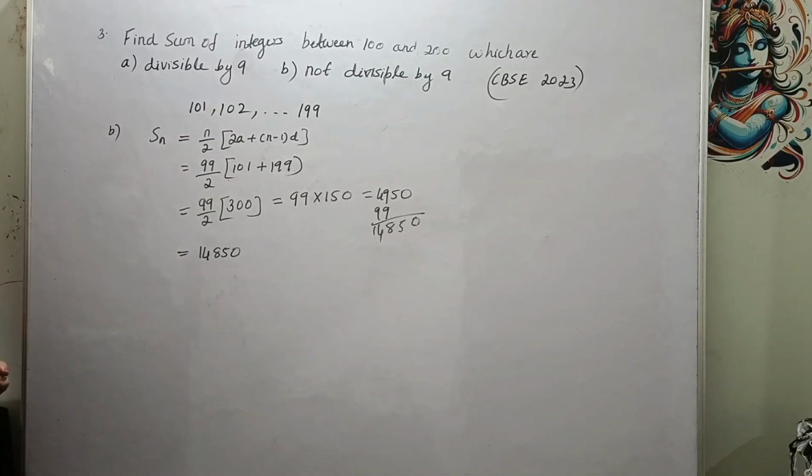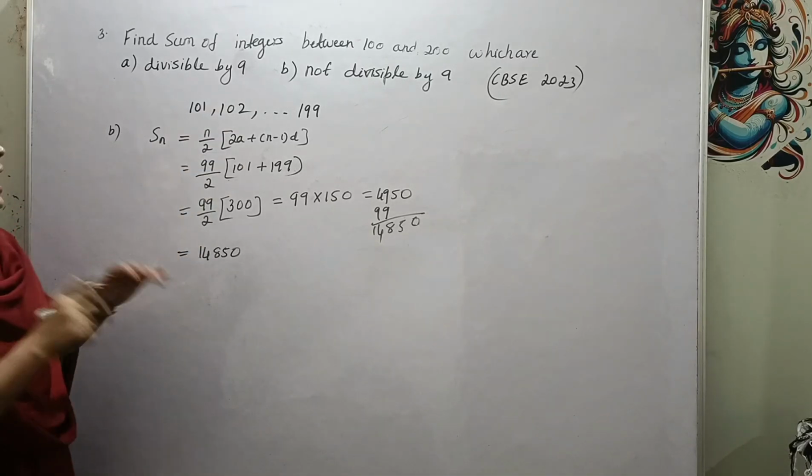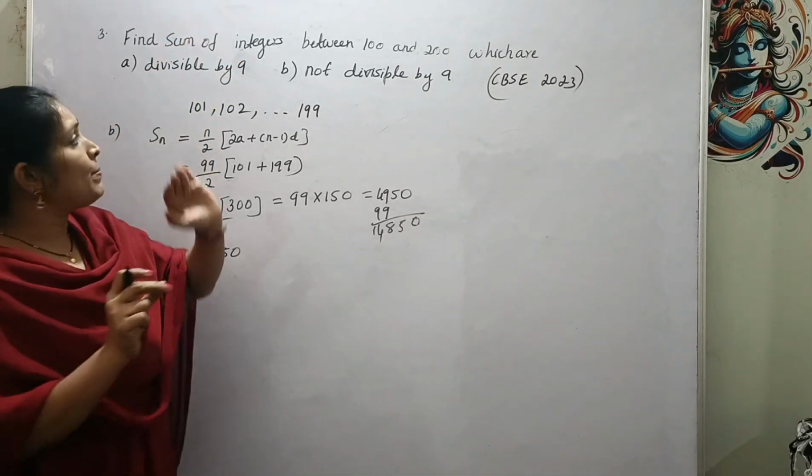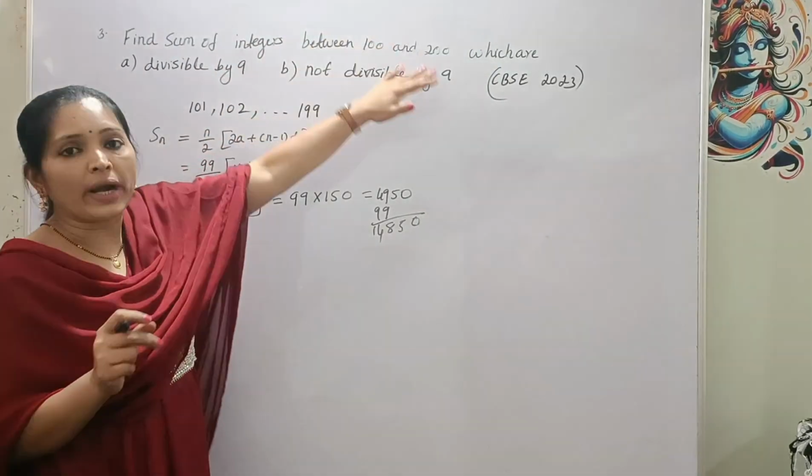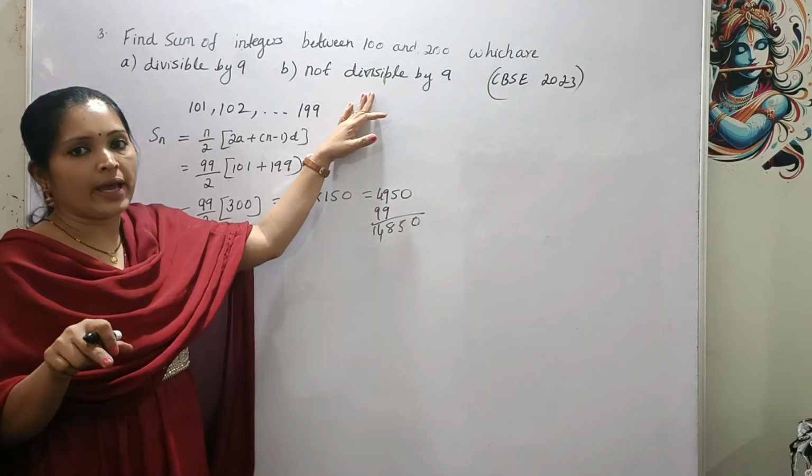Okay. Now we have to find the sum of integers between 100 and 200 which are not divisible by 9, right?